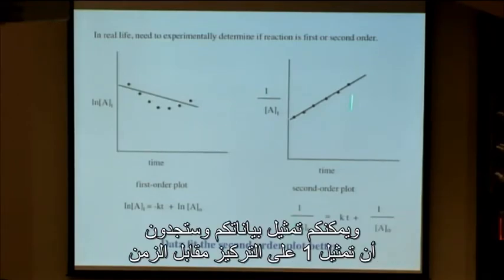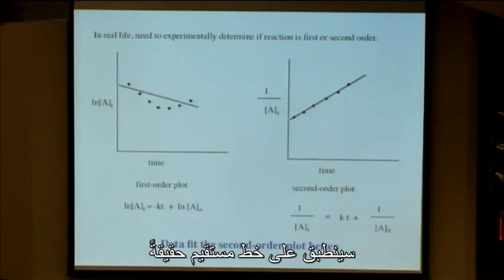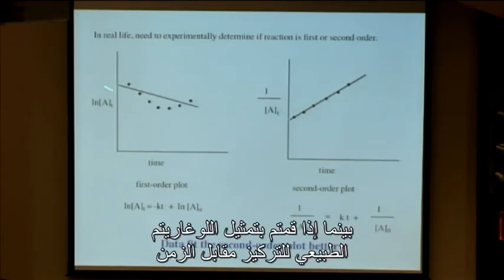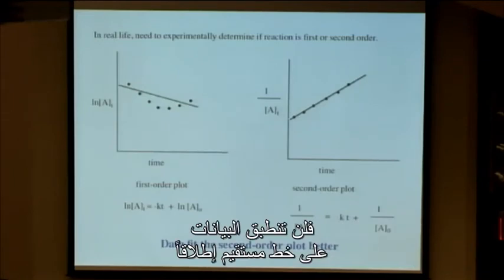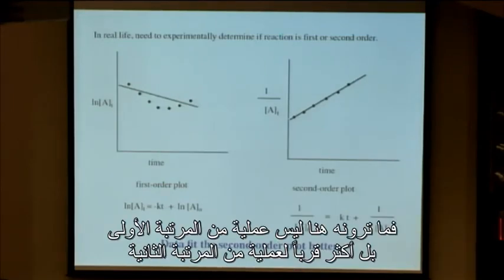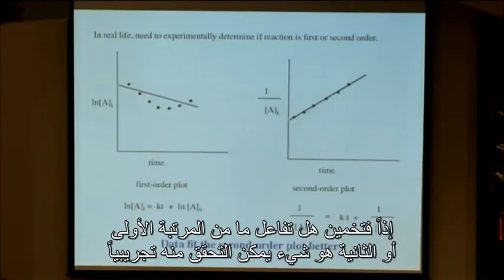And so you could plot your data and see that, oh, look at this. It fits a straight line really well if I plot it as 1 over the concentration. If I plot it as the natural log versus time, the data doesn't fit a straight line at all. So this is not a first order process. This is much more consistent with a second order process. So again, figuring out whether something is first order or second order is done experimentally.